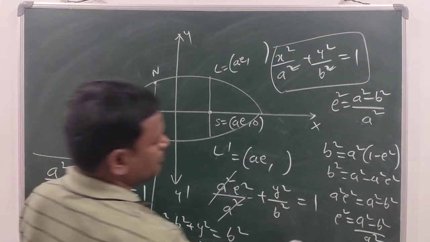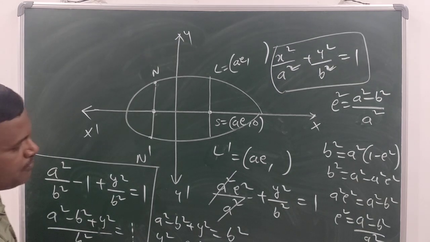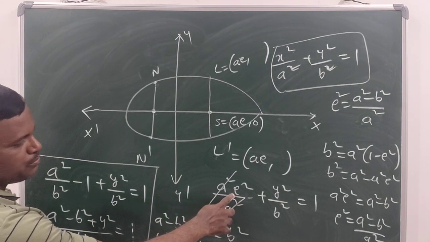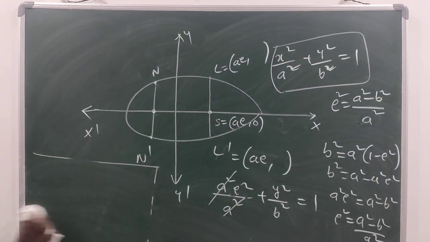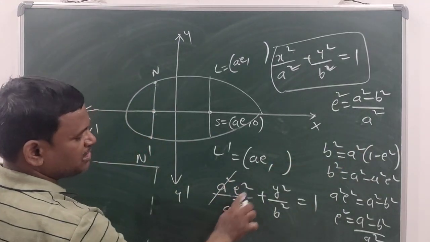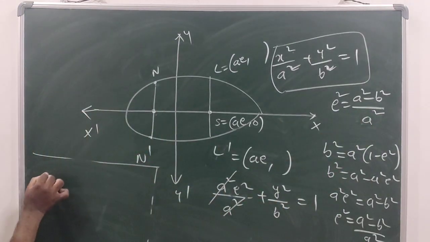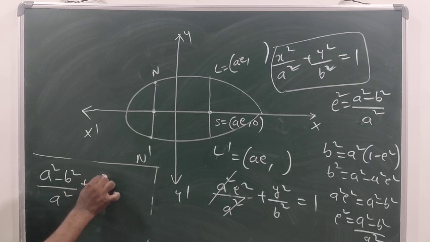So now see here. Here we have substituted e square. E square is nothing but this much. Replace this e square by this. So what do you get here? a square minus b square by a square plus y square by b square, which is equal to 1.